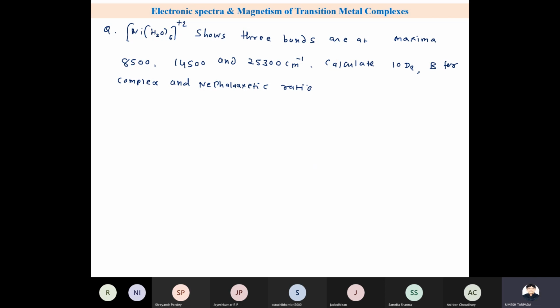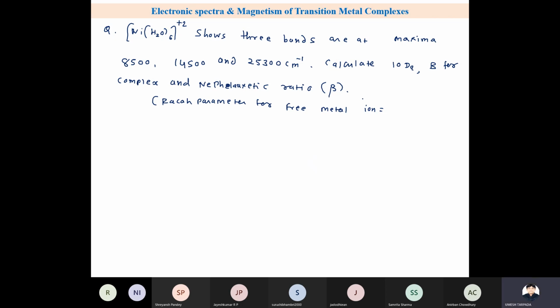So for nephelauxetic ratio you require 10 DQ value for free ions. Nephelauxetic ratio beta, the Racah parameter for free metal ion is given to you, that is provided.